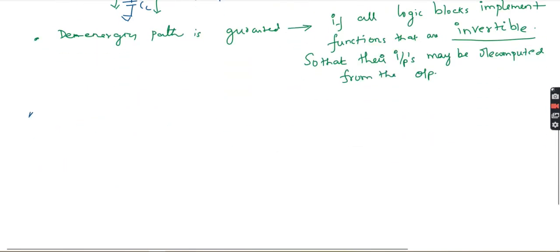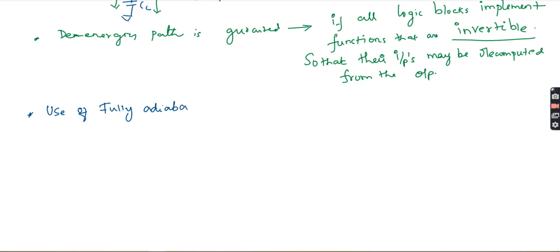We can say the use of fully adiabatic is the only adiabatic solution for very small circuits. Small circuits with simple functionality.